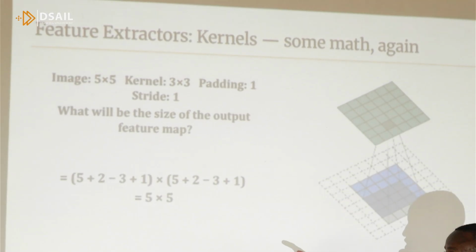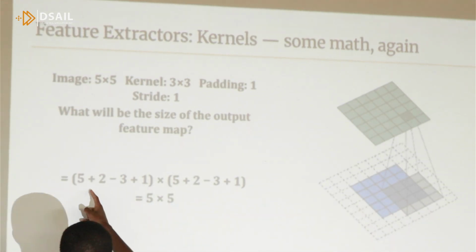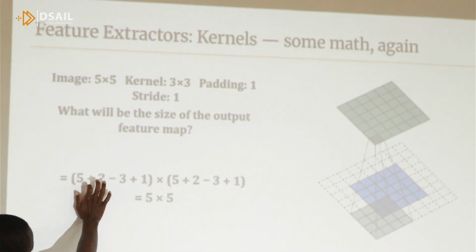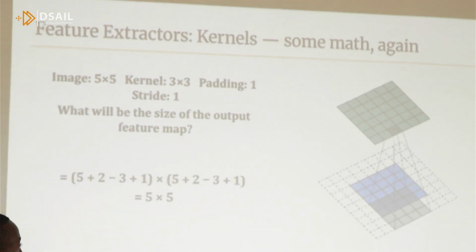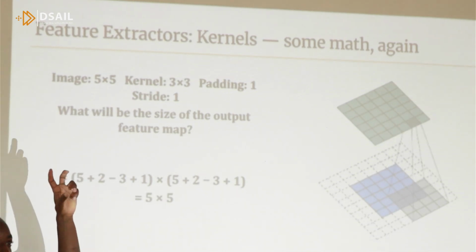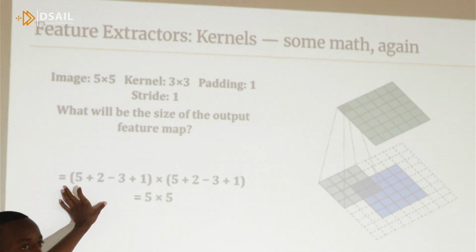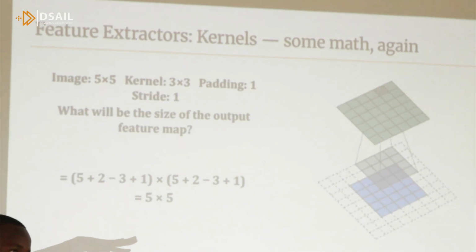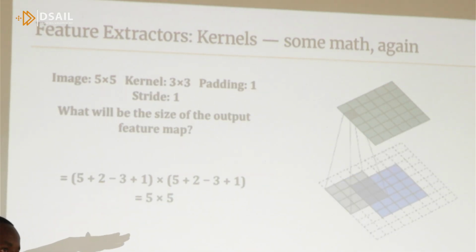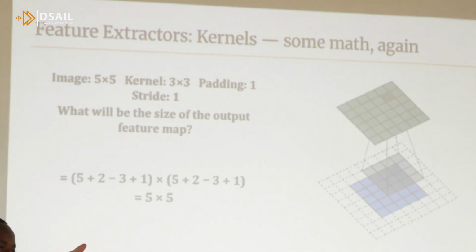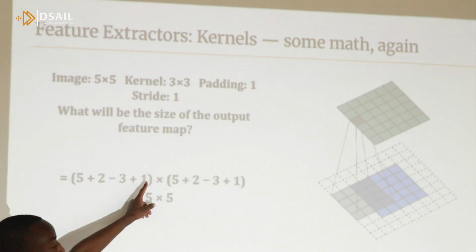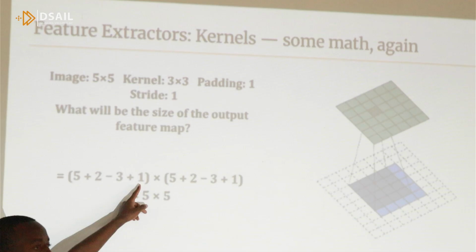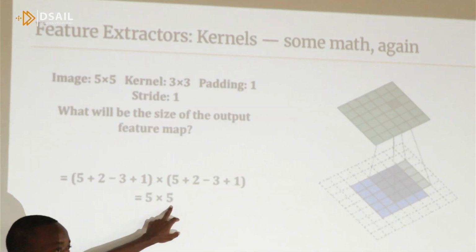So I hope you can get some intuition for this formula here. This is the original image plus the padding, and that gives us the new dimensions of the image. Then we subtract the initial patch that the kernel sits on, and we remain with 4 pixels. That means it can make 4 steps. But when it makes 4 steps, we add back the initial position, which we had not counted. So it becomes 5 by 5.